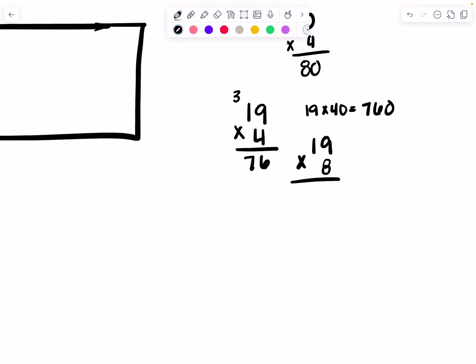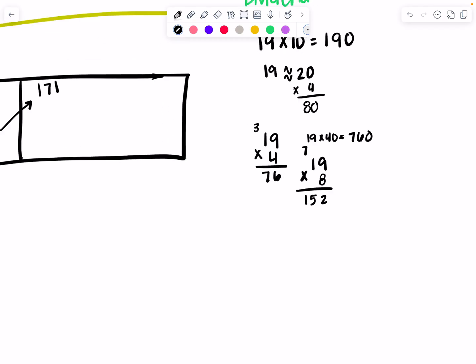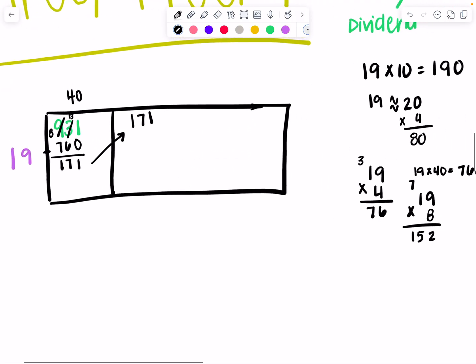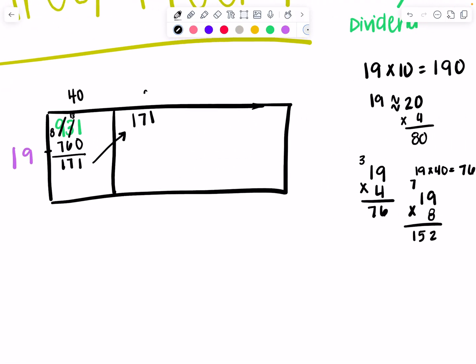So 8 times 9 is 72. Carry the 1. And then 8 times 1 is 8, plus 7 is 15. So if I do 19 times 8, I get 152. So I'm going to try that out.